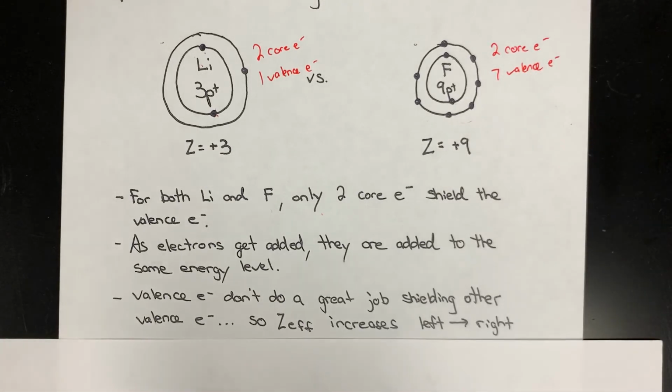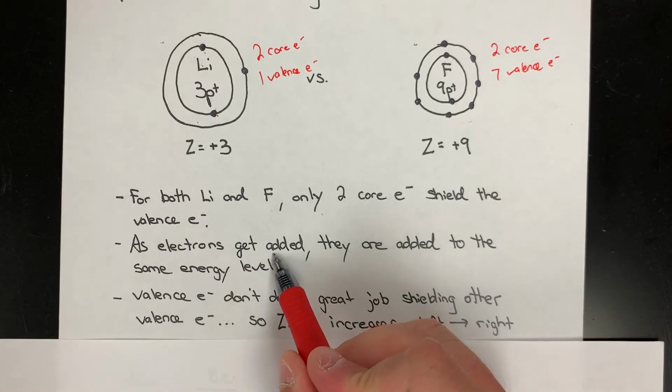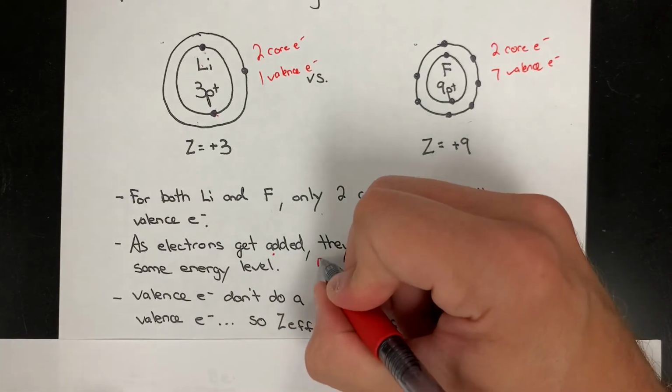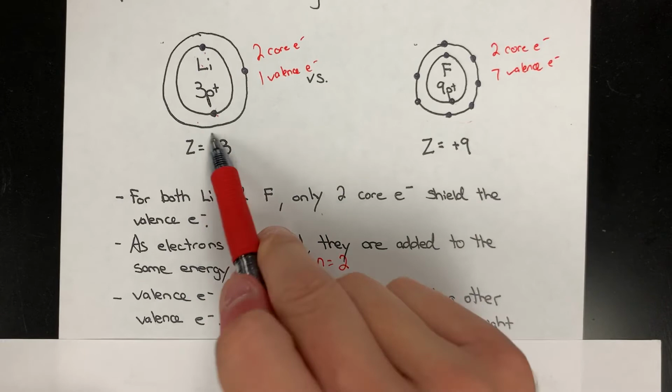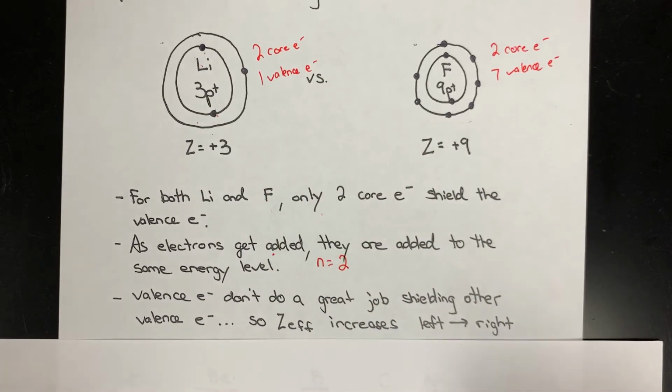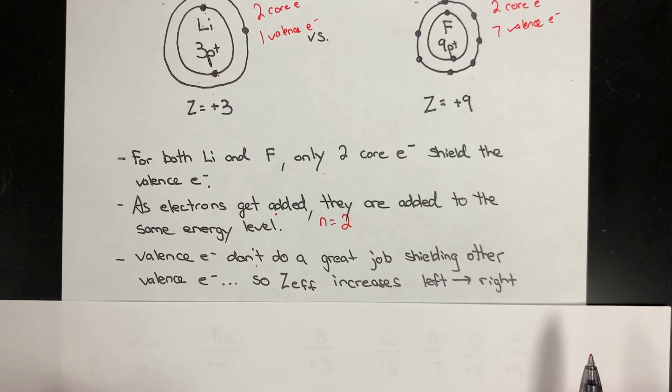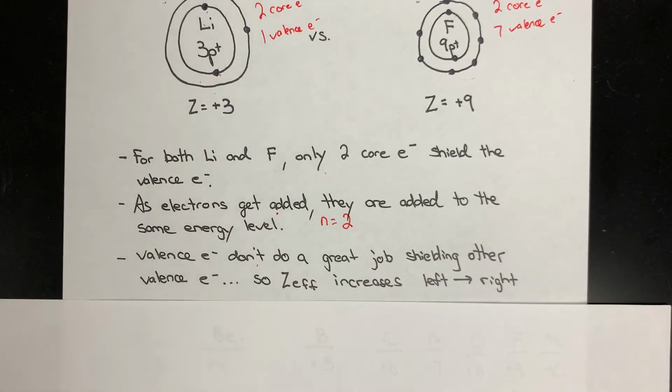As we move from left to right on the periodic table, and you think about building atoms, we're adding protons, neutrons, and electrons. Those electrons are getting added to the exact same energy level. N in this case is 2 for both lithium and fluorine. And what we find is that valence electrons don't do a great job of shielding each other.